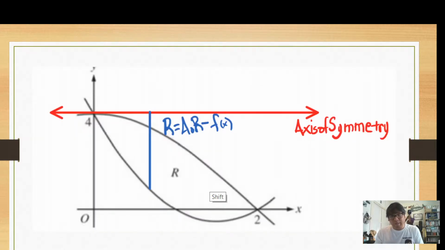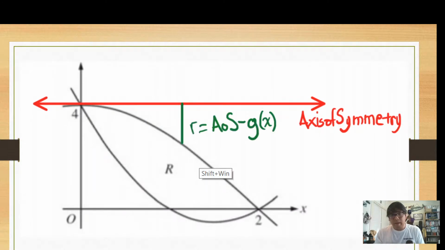Our larger radius is the distance from the axis of rotation to that function on the bottom, which we just said was f of x. So our large radius is the axis of rotation minus f of x, which is just 4 minus f of x. Now our smaller radius is the same, except we go to the closest curve, which happens to be g of x.